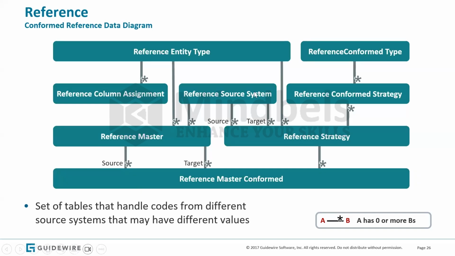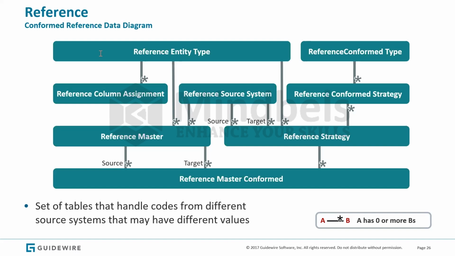Sorry, I got a call. So we have around seven tables which hold the reference data, like type names, which could be our EDW, and some tables like ref conformed types, which hold information about the EDW.